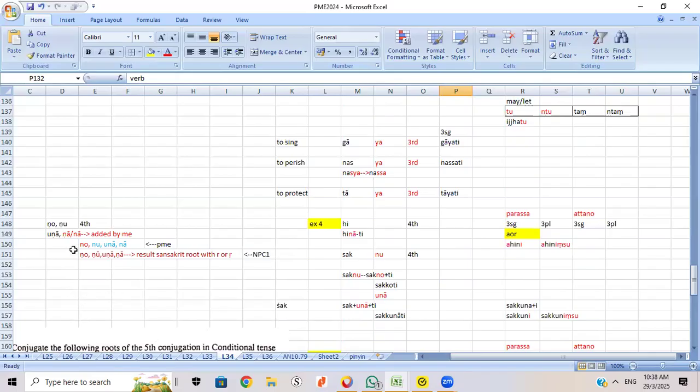So technically the one without the dot and the one with the dot, they are the same. It results from either R or the S, because Sanskrit has these S's. You have two S's and the R. Other than that, the rest is the same.